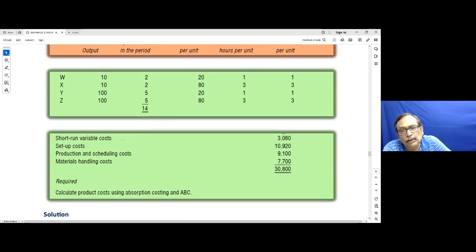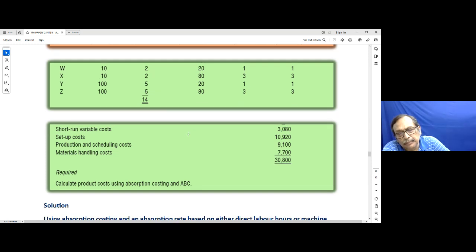So these are all overhead costs, remember, and we are required to calculate product cost using absorption costing and ABC.